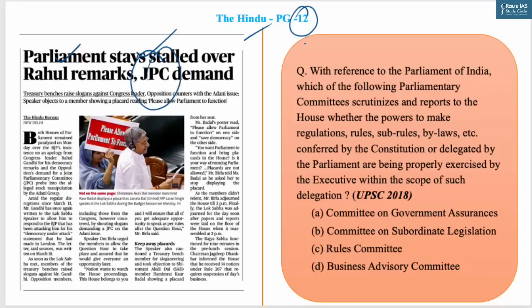So here in this section, we will quickly look into some aspects of parliamentary committees from the perspective of the prelims examination. Parliamentary committee as a theme is also important because UPSC has already asked questions based on parliamentary committees in the year 2018. So let's come to the prelims pointer.